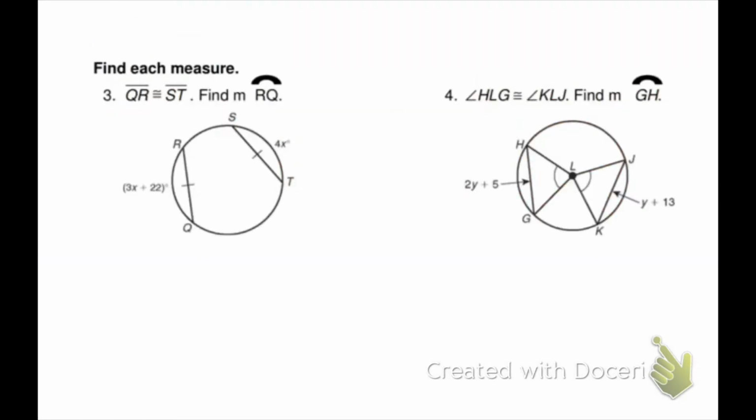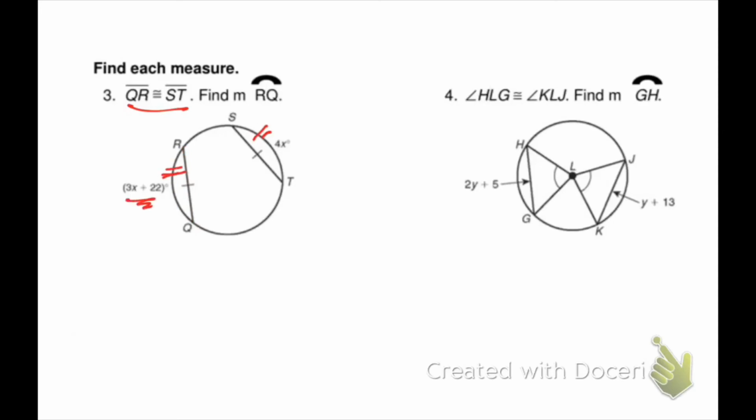Now how do we use this? Let's say in our first example, we're given the information that QR is congruent to ST. So my chords are congruent. Let's find the measurement of arc RQ. So I'm looking at this arc here. So how do I find the measurement of arc RQ? Well, since my chords are congruent, these two arcs are also congruent.